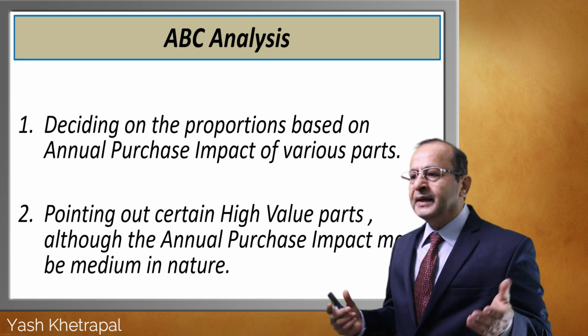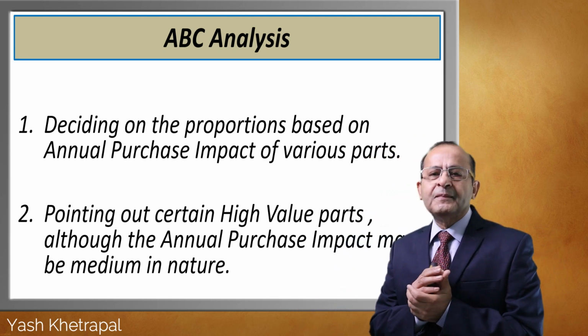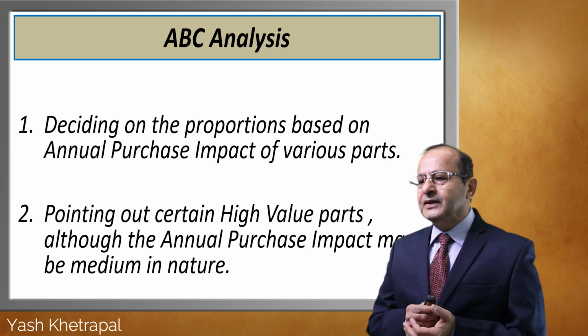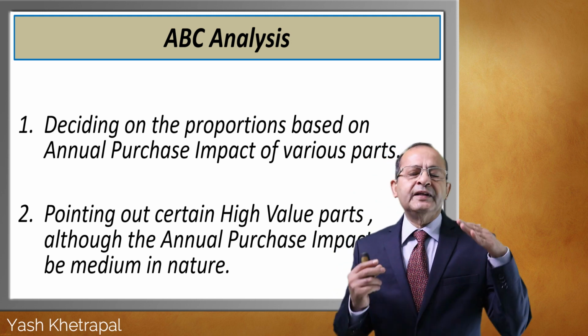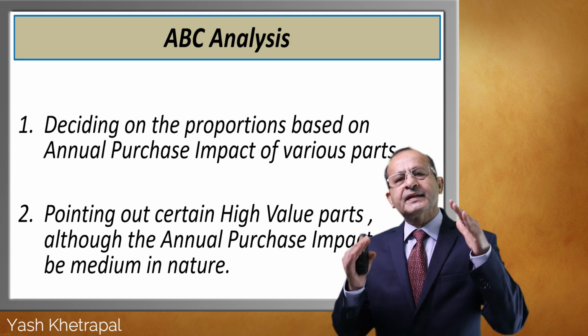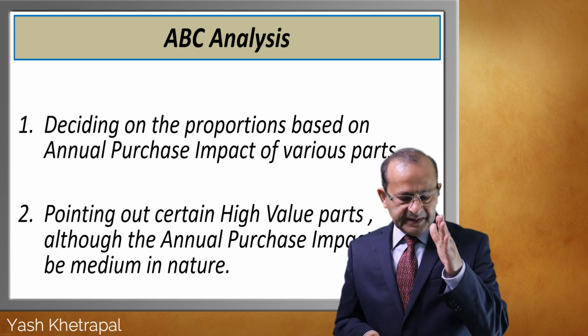How much money has been spent in a financial year? Deciding on the proportion is based on annual purchase impact in rupees. Okay, how do we do that? And then we point out certain high value parts, although annual purchase impact may not be that high.